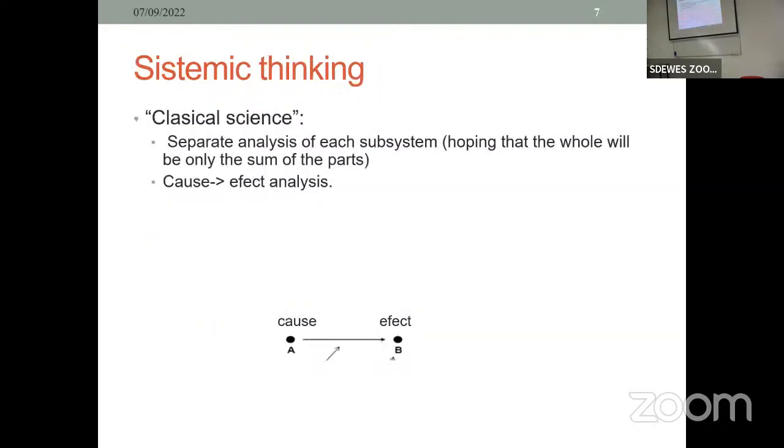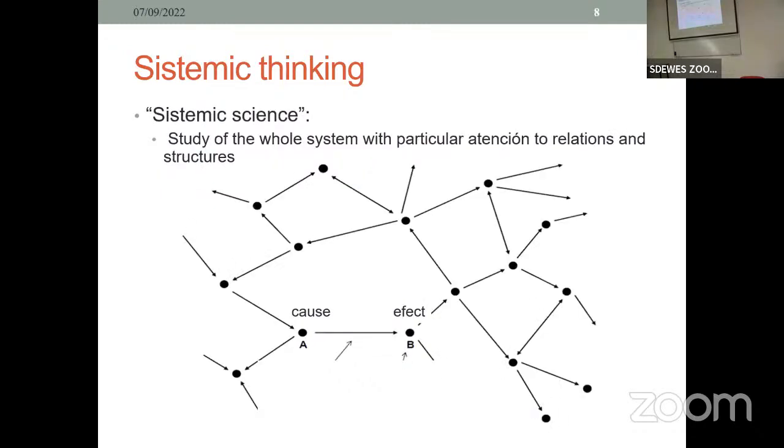So it means that if in classical science we only analyze in an experiment, for example, what is the cause, what is the effect of a certain fact, of a certain experiment, in systemic science, we try to analyze the whole system.